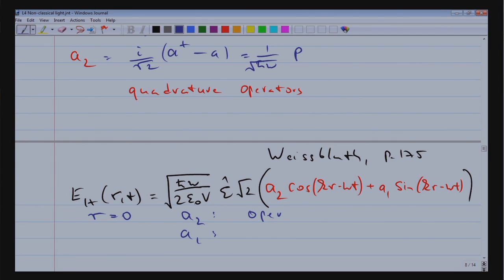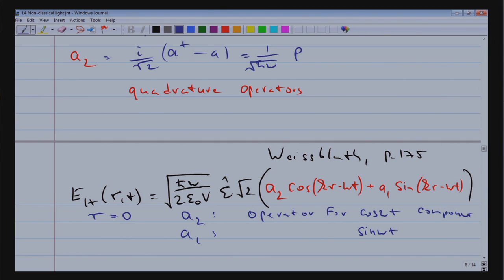A2 is the operator which creates and annihilates an electromagnetic field, so to speak, photons, which have an electric field which oscillates as cosine omega t, and A1 is the quadrature operator for the sine omega t component.